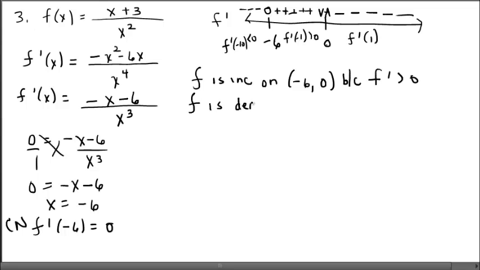I do have some negative slopes, so that must mean the function is decreasing on some intervals, and it's broken up. We'll go from negative infinity to negative 6, comma, 0 to infinity, because f prime is less than 0.